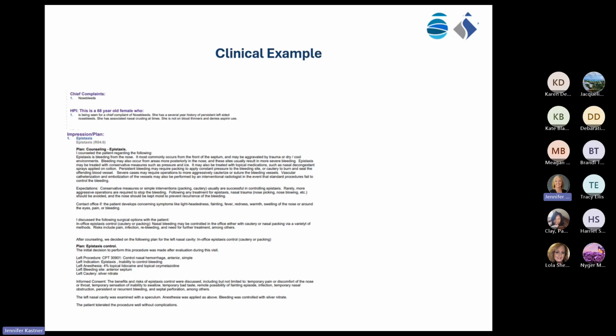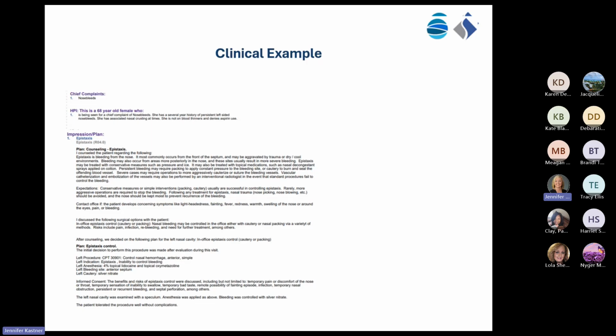She has associated nasal crusting at times. She's not on blood thinners and denies aspirin use. There were, of course, other things like a review of systems and an exam documented. For the sake of space and time, I didn't include that, because ultimately the impression and plan, also referred to as the assessment and plan, is what ties it together anyway.